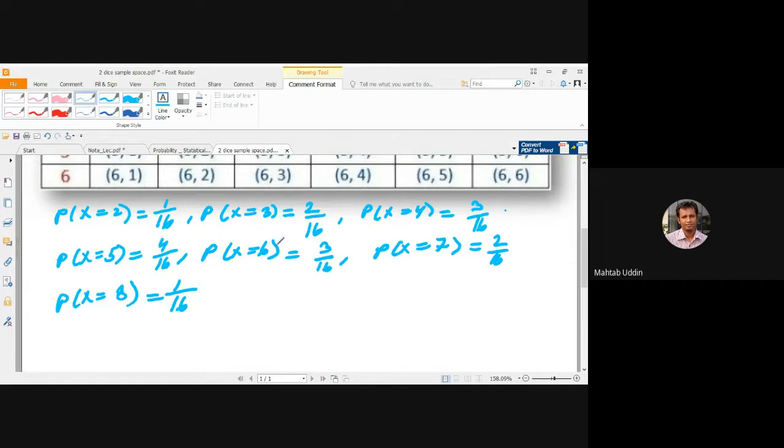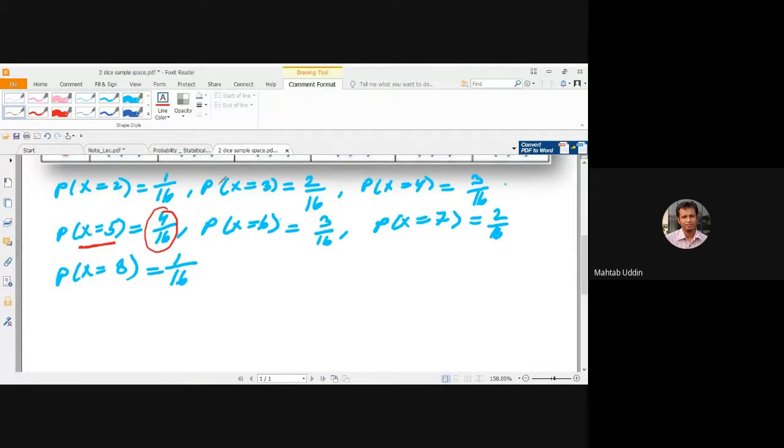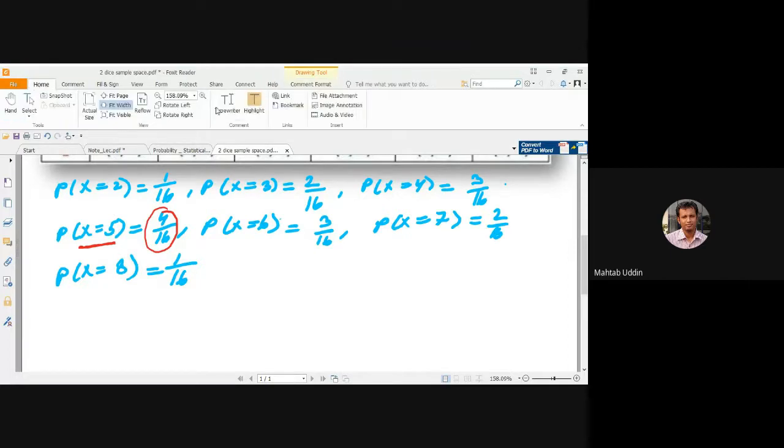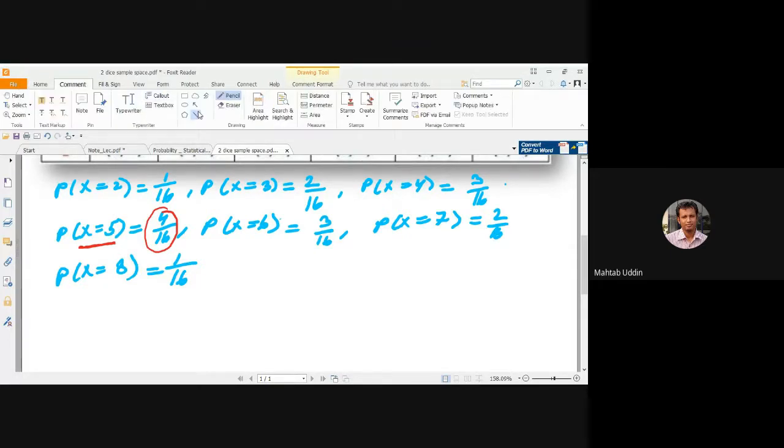Now you can see this is increasing then decreasing, right? Increasing then decreasing. And you can see there is a maximum outcome. Can you see? For which value? 5. So you can see this is increasing, and at x equal to 5 it is highest and then goes decreasing.